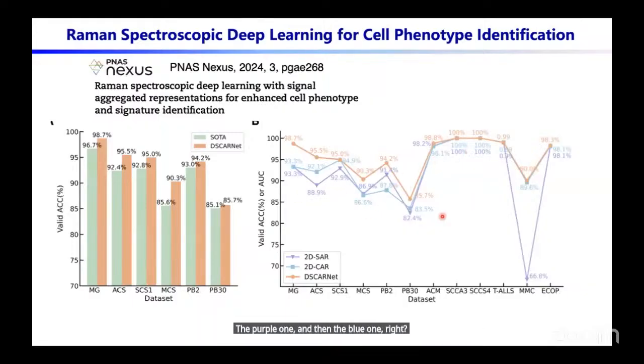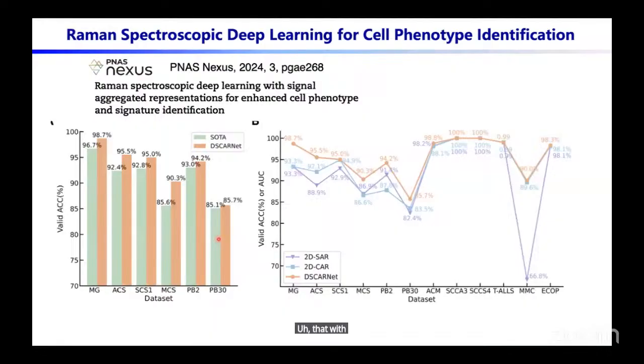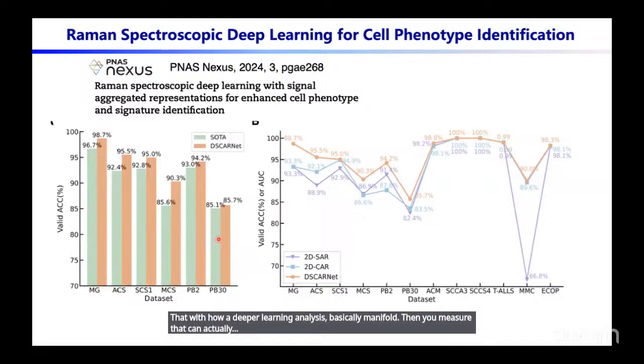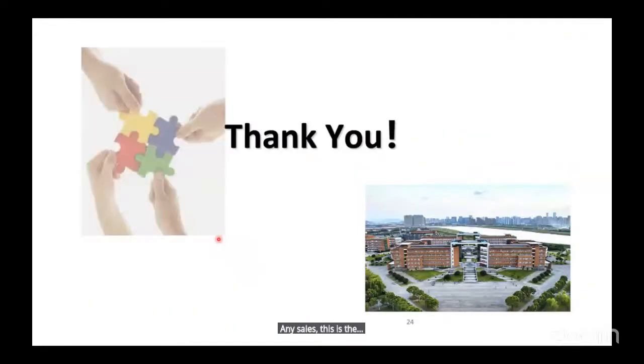So this is an example of how a deep learning method, particularly a manifold learning method, can improve the performance in terms of the phenotype of any cell. These are the examples. Okay, I guess now we have completed the lecture part of today.